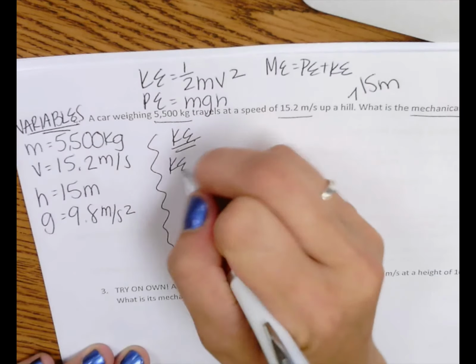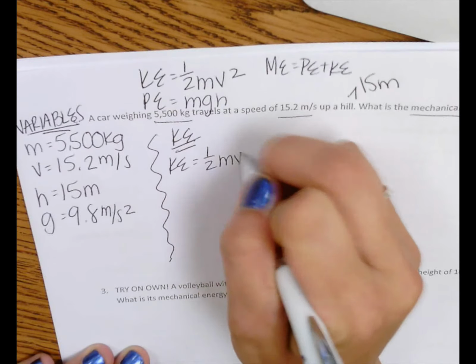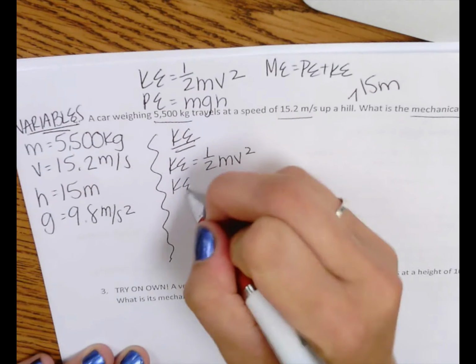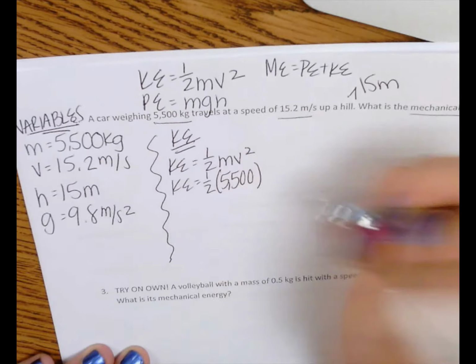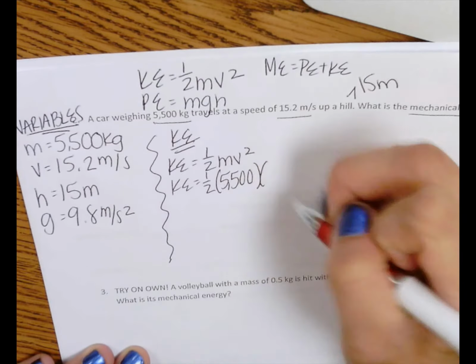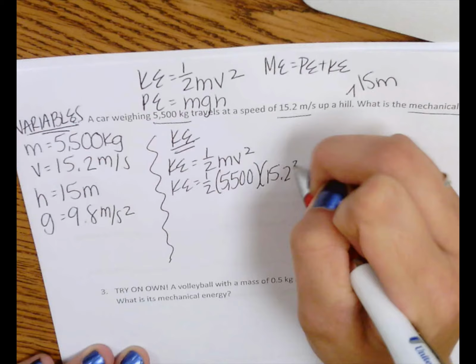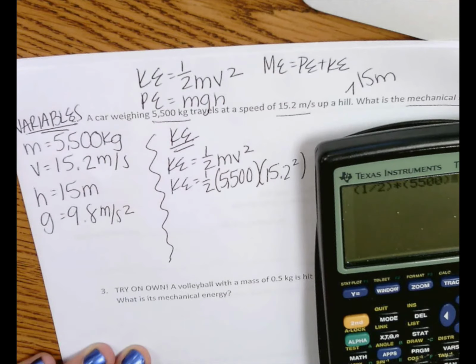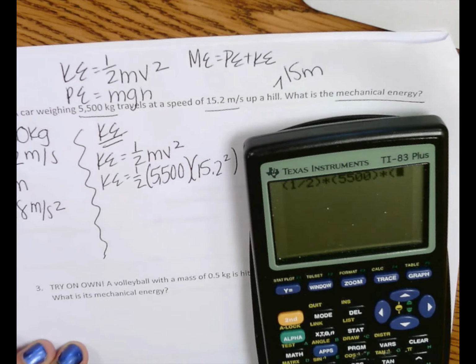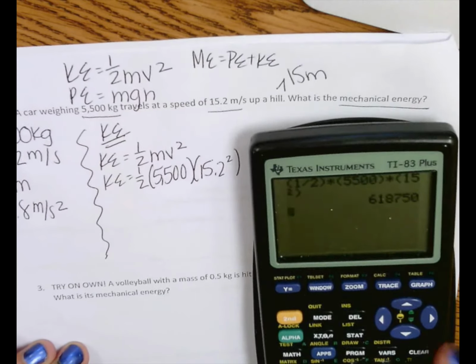We know that kinetic energy is equal to 1/2 times mass times velocity squared. So kinetic energy is equal to 1/2 times the mass, which is 5,500, times just the velocity squared. Remember, we're not squaring this entire thing. 15.2 squared. So I'm going to type this into my calculator: 1/2 times 5,500 times, in parentheses, 15.2 squared, and we get this big old number.